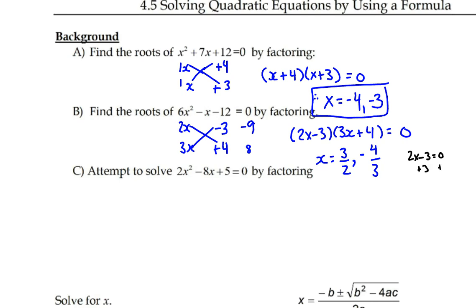Add 3, divide by 2, right? X is 3 over 2. Same thing with the other one, 3x plus 4, set it equal to 0, subtract 4, and divide by 3. So if you could just look at it and get those numbers a lot quicker than doing all that math. Yeah?